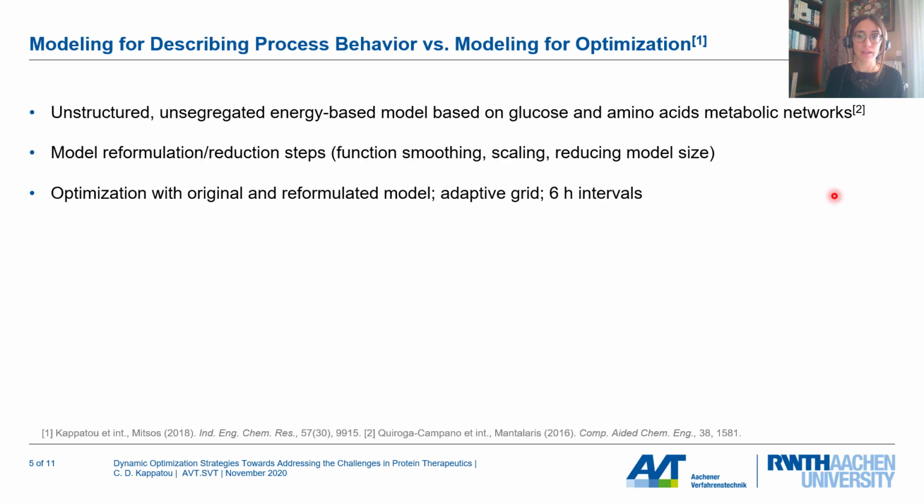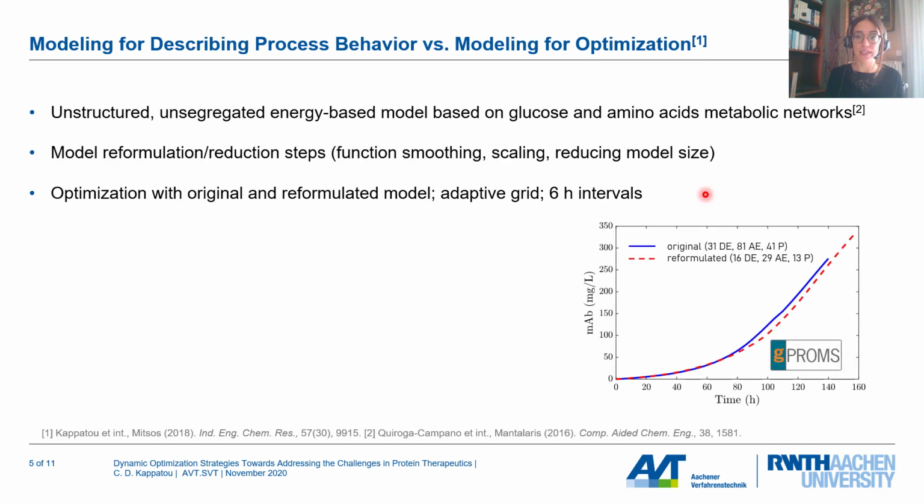And we applied to that model different reformulation and reduction steps consisting of function smoothing, proper scaling, and removing parts that were not used within the optimization. And then we performed optimization with the original and the reformulated model.